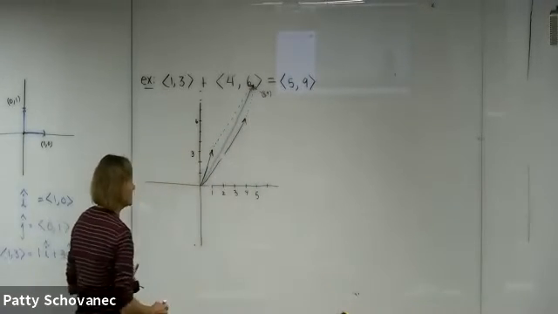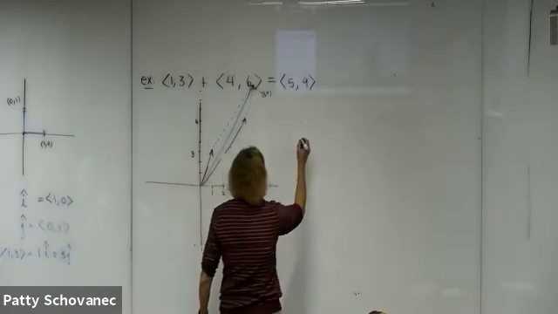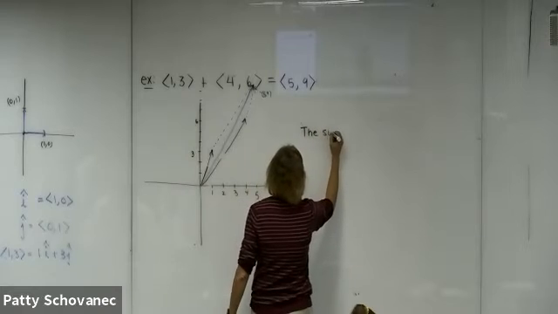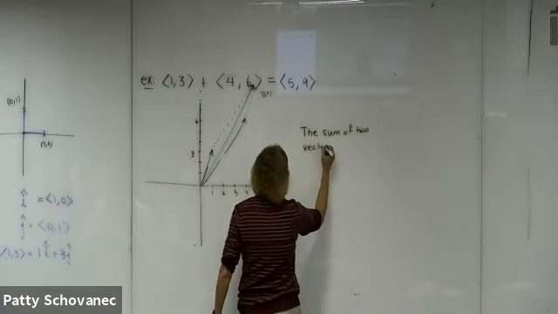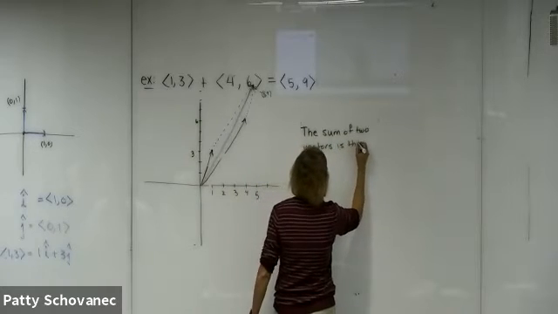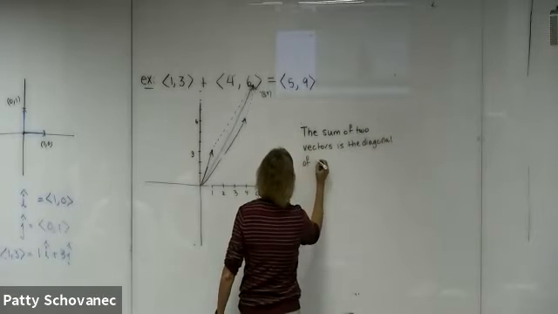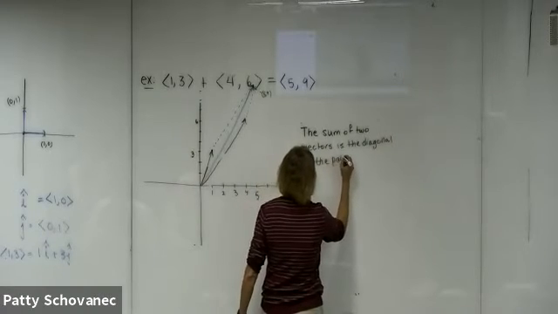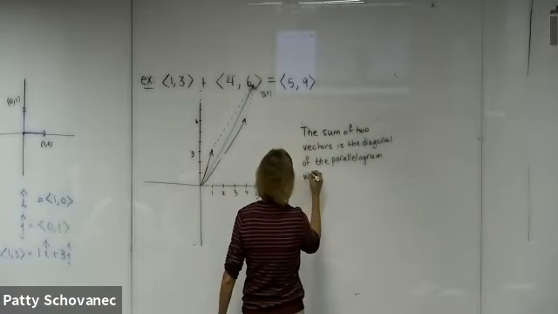But I picked a horrible example to show you that the sum of two vectors is actually the diagonal of the parallelogram whose sides are the two vectors.